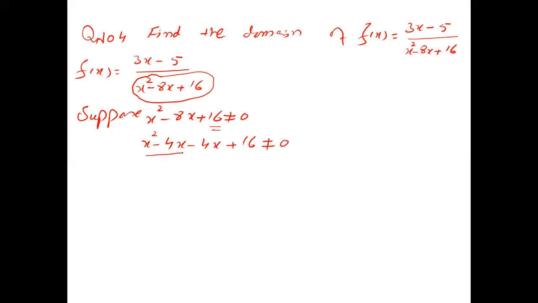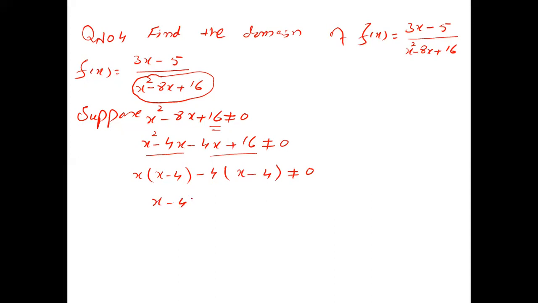So this is your first pair and this is your second pair. Taking x common, x minus 4; taking minus 4 common, x minus 4, not equal to 0.